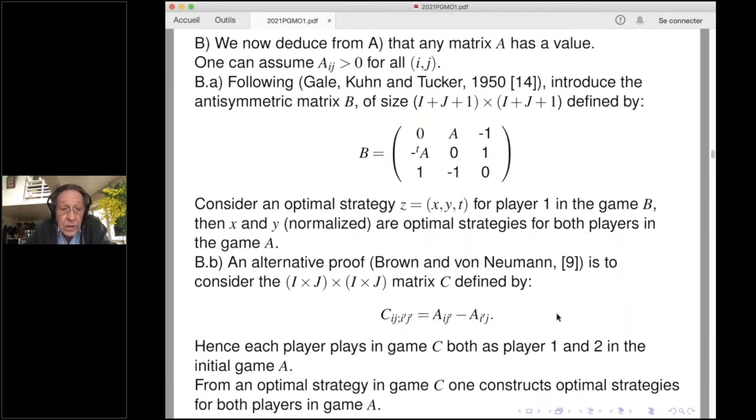So the total payoff is given by this. Okay. So clearly, this game C is antisymmetric. It has a value which is 0. Okay. And obviously, you deduce from an optimal strategy of player one in the game C an optimal strategy in each of the games, for the maximizer in game A and for the minimizer in game A. Okay, so this was the first proof of the min-max theorem.